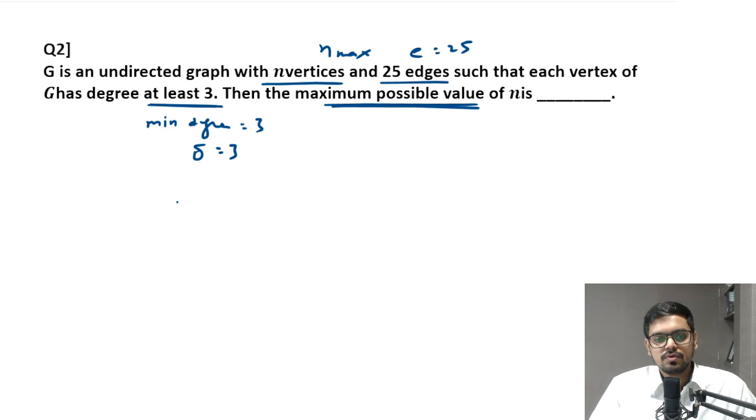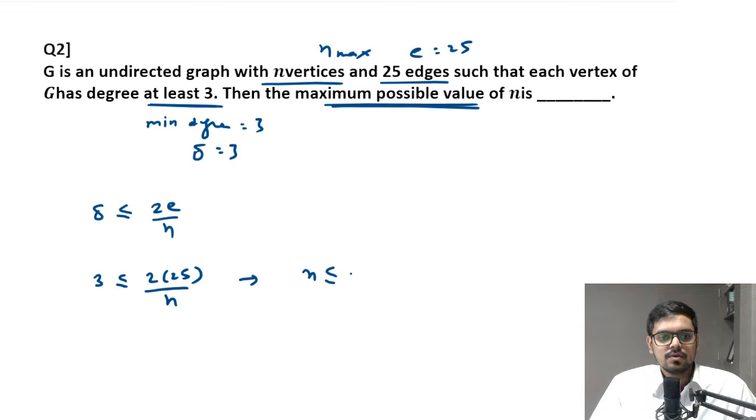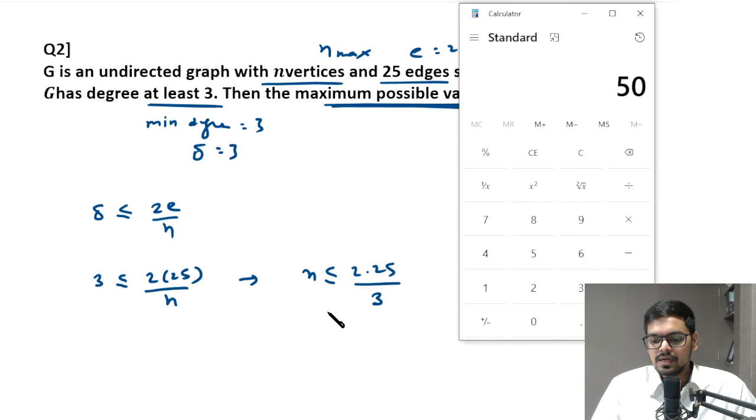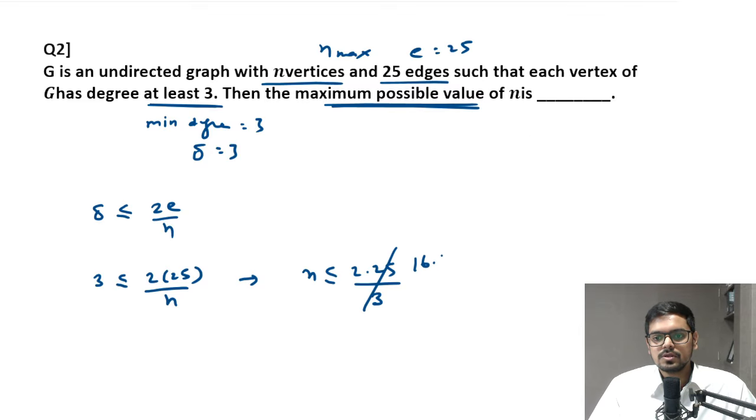No problem. As per the delta theorem, small delta is less than or equal to 2e by n. Now delta is 3, e is 25, so rearranging, n is less than or equal to 2 into 25 divided by 3. Here it won't be a proper answer, so we have to use the calculator. 50 divided by 3 is 16.67.